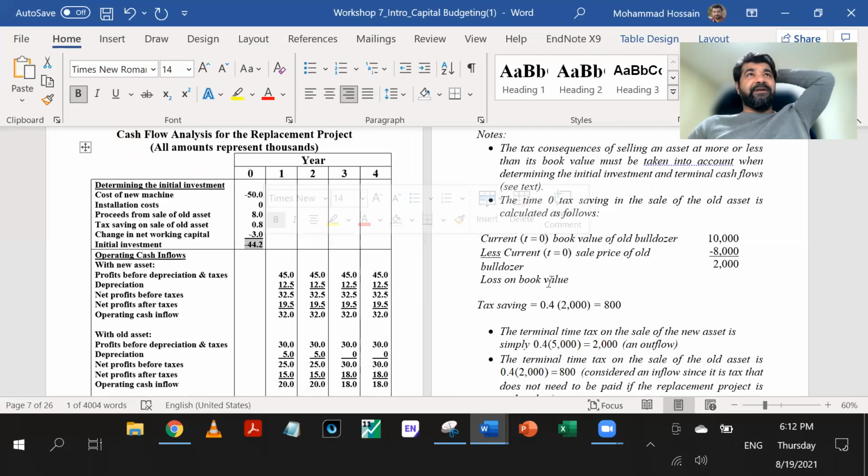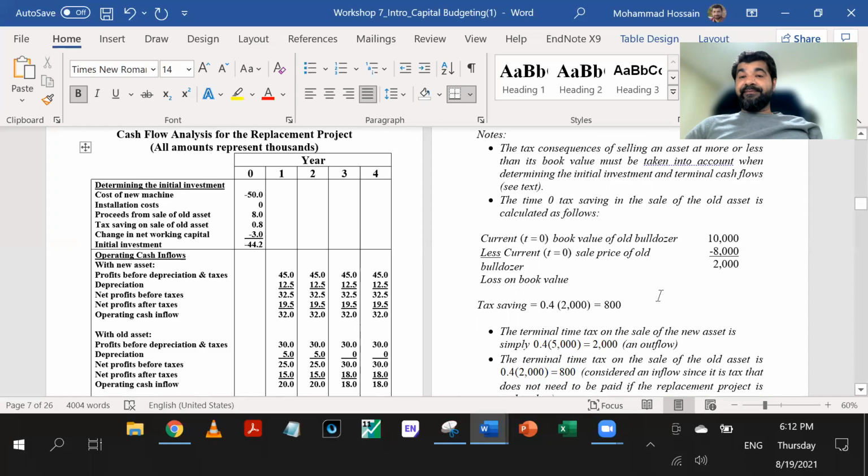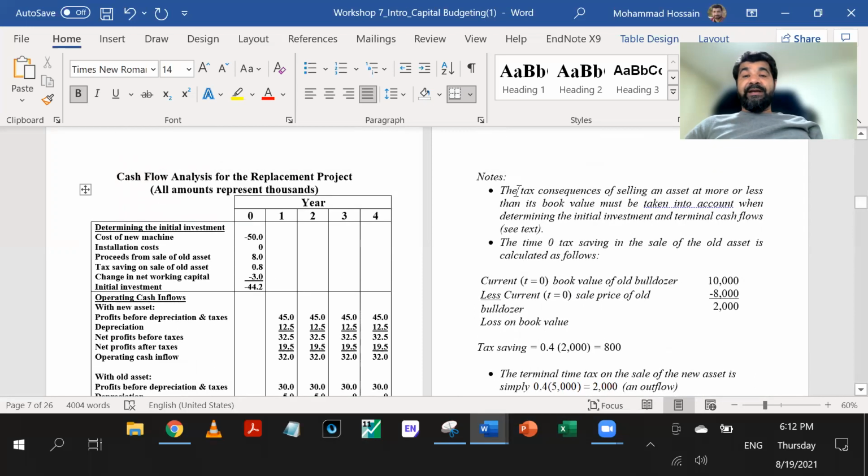How did you calculate the tax saving? You will find some calculations that you may not understand. How do you get 0.8? You have to look at this side. Tax savings. Look here, we have given the notes.